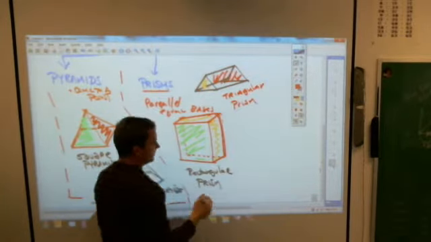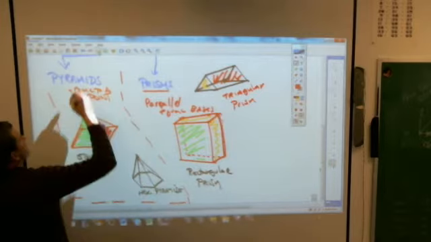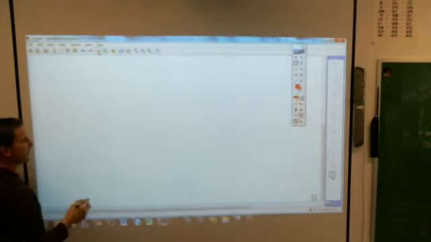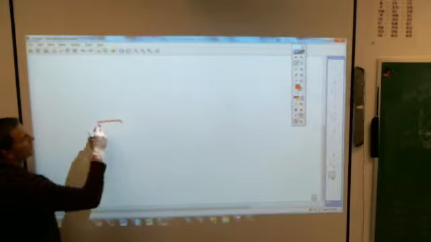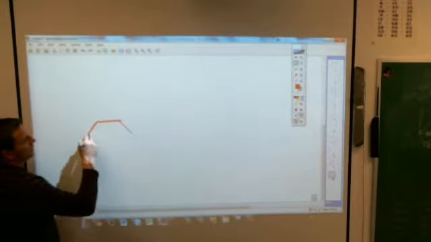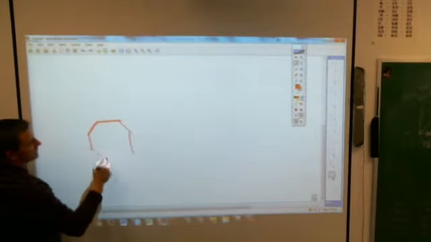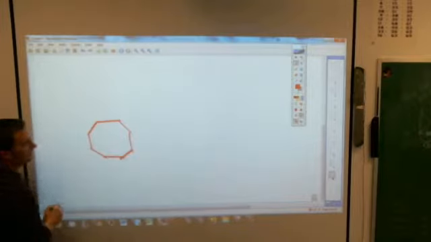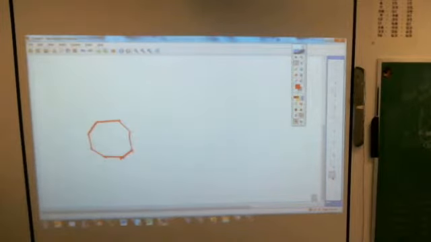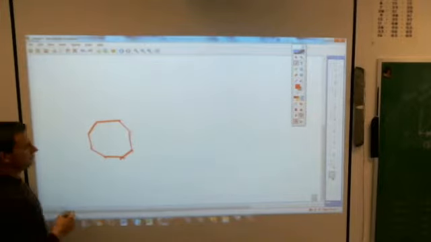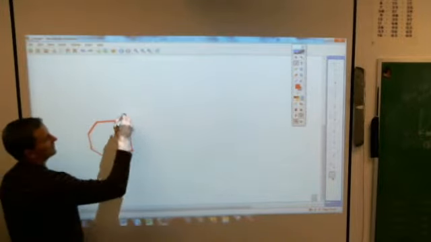And now for my next trick, we'll do an octagonal prism. Ready? 1, 2, 3, 4, 5, 6, 7, 8. I have to draw that same octagon right here. Let's see if I can do it.